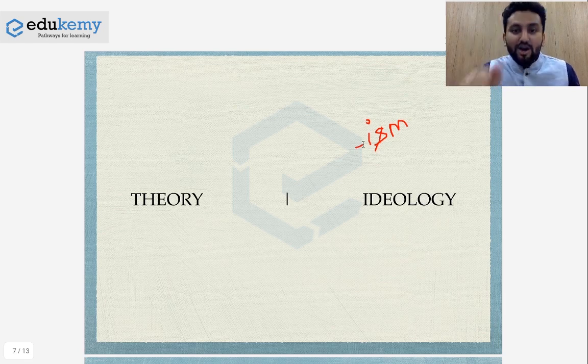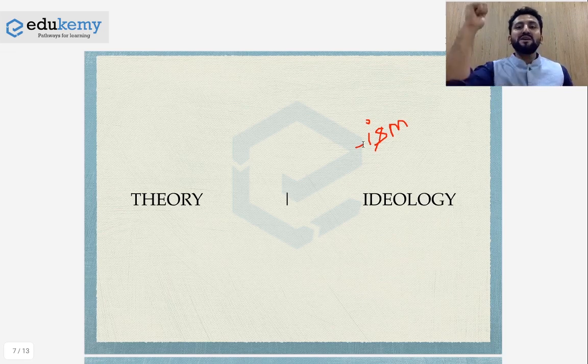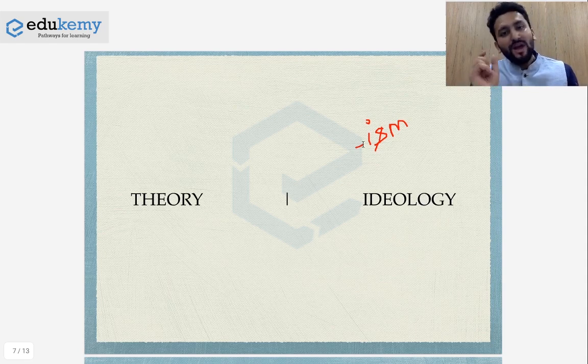Marxism, ism, ideology. Terrorism, ism, yes, terrorism is an ideology, which believes that we should attain our objectives by using terror. Terror should be used as a means to attain some objective, that is terrorism as an ideology. So whenever you use the word ism, it's an ideology, right?